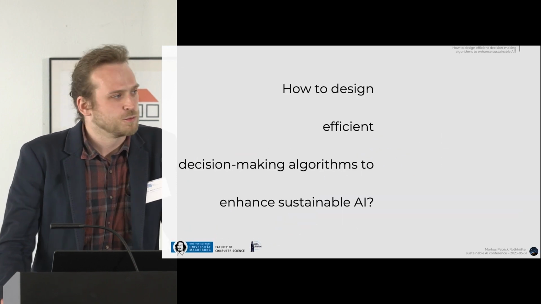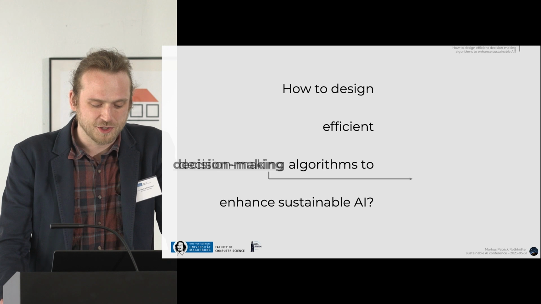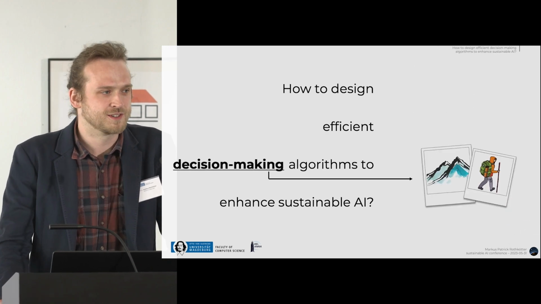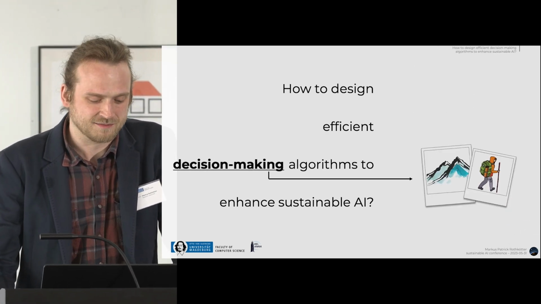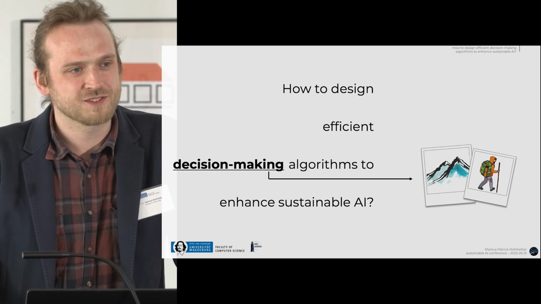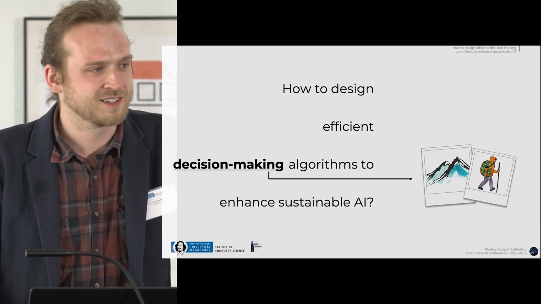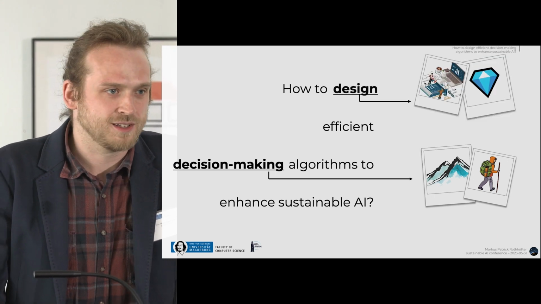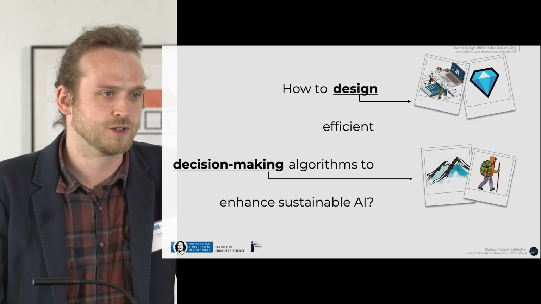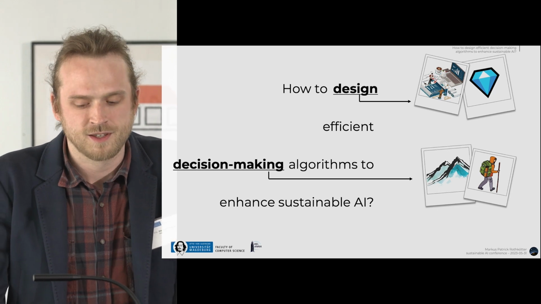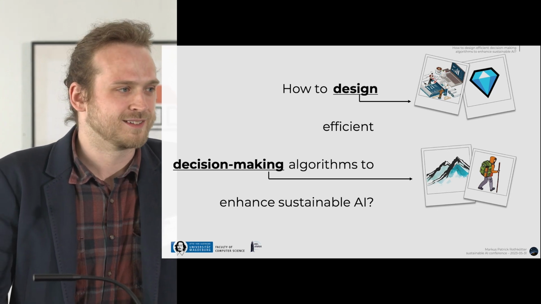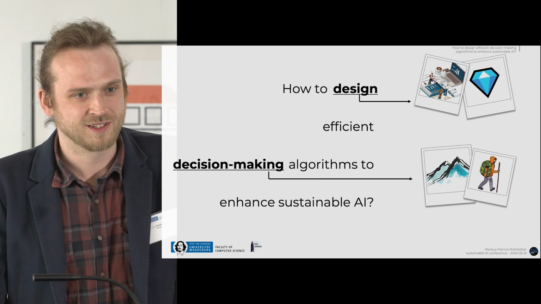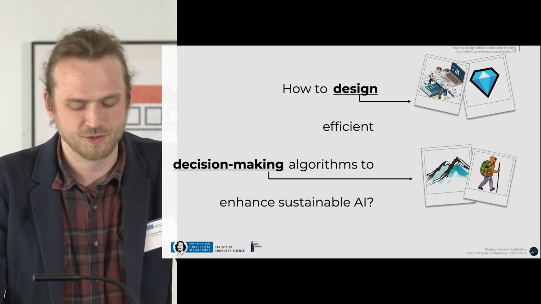So what will we learn today? First of all, you will notice how decision making works, and I will illustrate it with a little hike to the mountains. Secondly, I'm trying to identify the set screws for designing such algorithms, and you will get to know why diamonds can be quite useful in looking for these set screws.